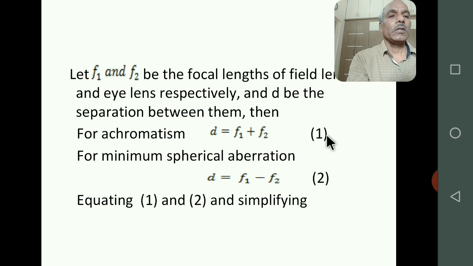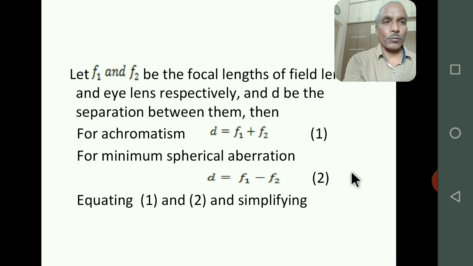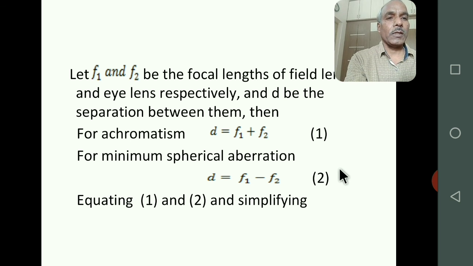We call these two equation number 1 and equation number 2. Since equations 1 and 2 represent the distance between the two lenses, we can equate them.